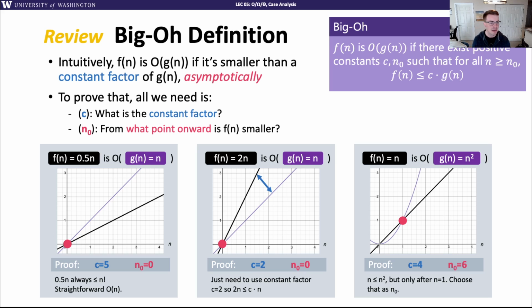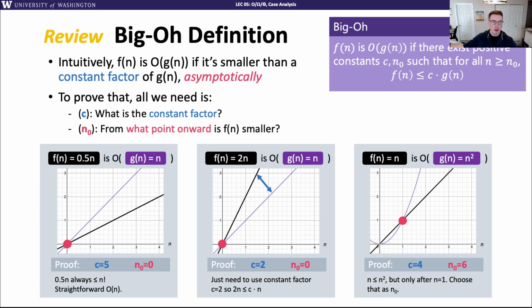And it works when the functions crisscross at different points, as long as one eventually dominates the other. So in this last case, we could show that f of n is big O of n squared, because eventually, once n is greater than 1, so I just picked a number, 6, n squared is going to be larger than n. And I just chose a constant for fun. Remember, these constants don't have to be unique. You don't have to necessarily be clever about choosing them.